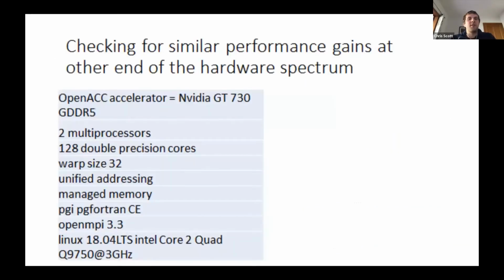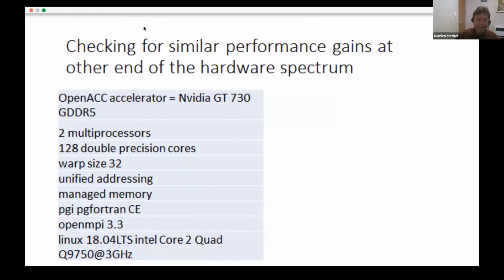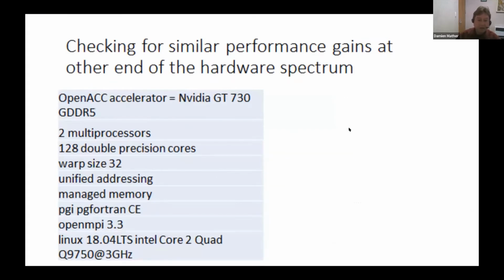So Damien, did you want to say a bit about these last slides? Because you're happy to step through them while I talk about them? Yep, sure. So we just wanted to quickly check, do we get similar scaling performance at the other end of the hardware spectrum, thinking there's some poor researcher out there who's got a slower CPU. Well, this CPU, in my dreams in 2007, I tried to get one of these on a server for my team, and I was denied because it cost 10,000 Aussie dollars.